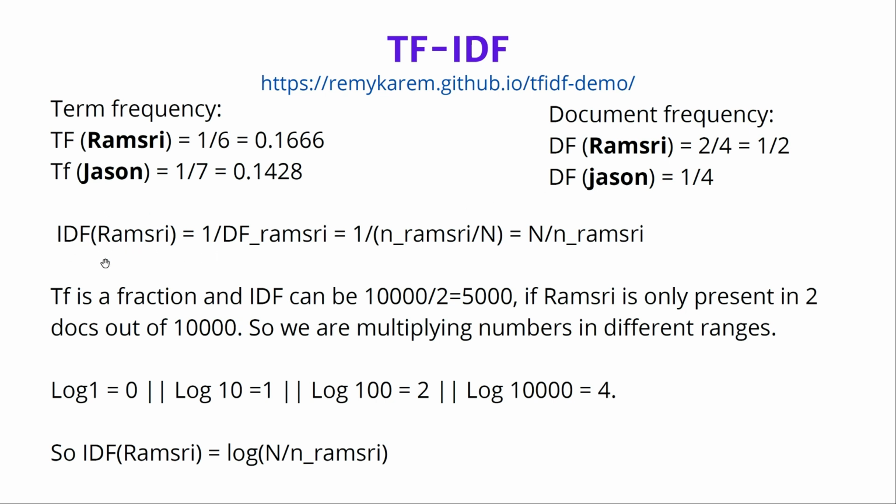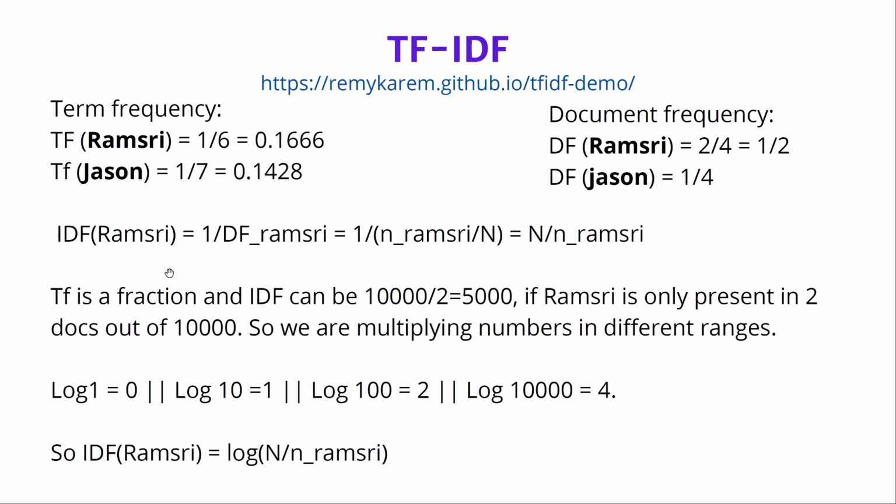And the inverse document frequency of Ramsri is just 1 divided by document frequency, that is total number of documents divided by number of documents Ramsri comes. So in this case 4 divided by 2, so 2 is the answer. So IDF of Ramsri is 2.